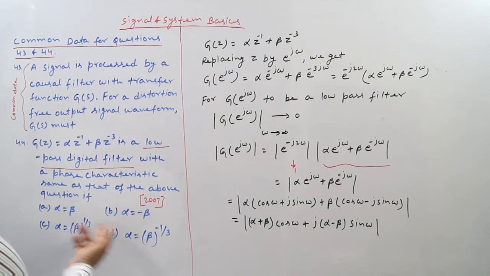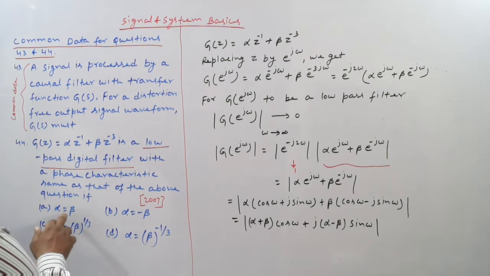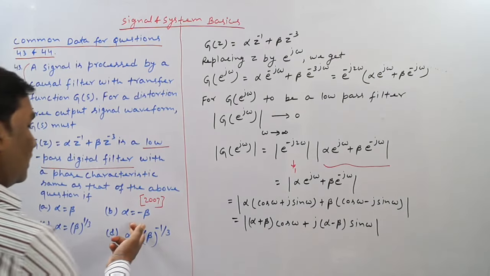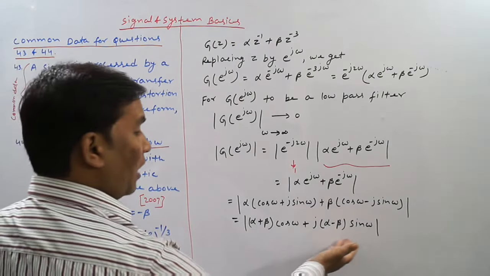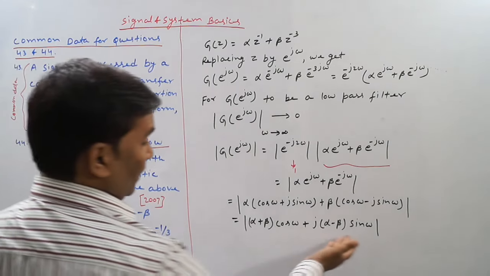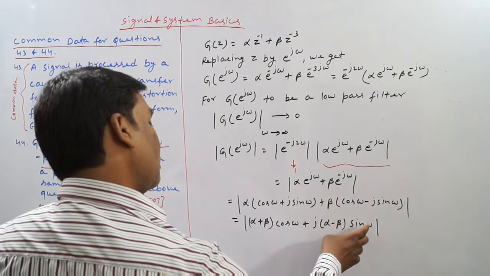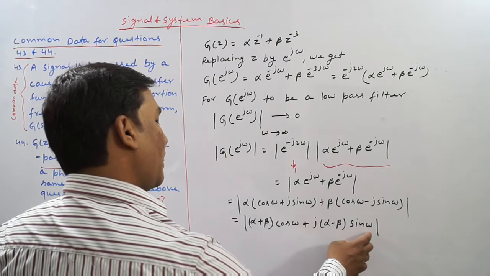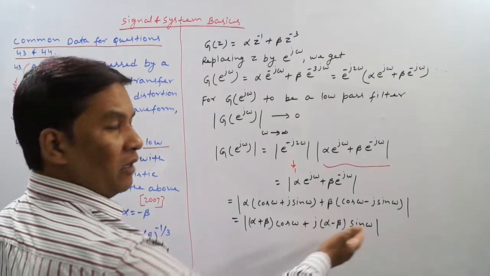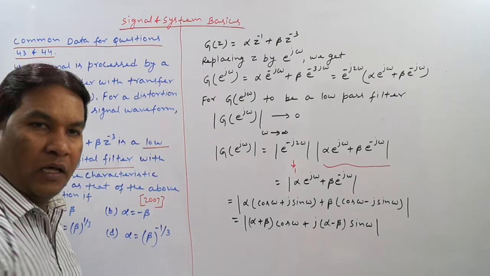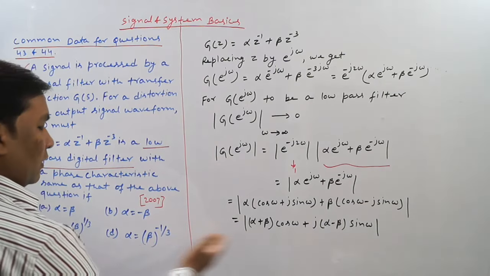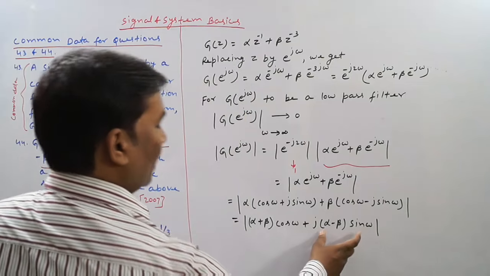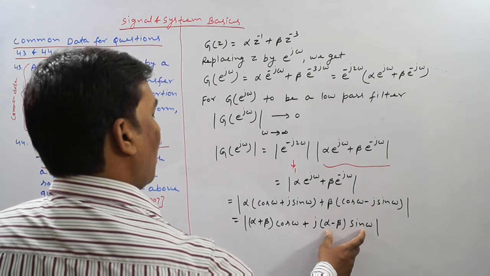Here also there are 4 alternatives. If alpha equal to beta, then the imaginary part will be 0. If alpha is minus beta, then the imaginary part will be there. If the imaginary part will be there, then the omega component will also be there in amplitude, and this will not correctly represent the low pass filter, because this is the component for high pass filter.